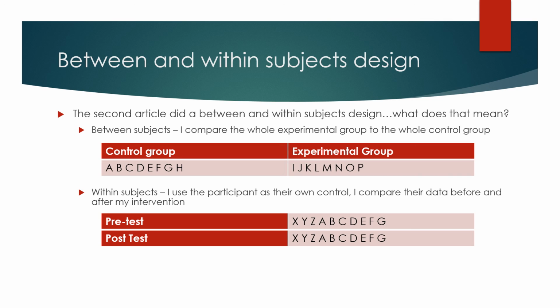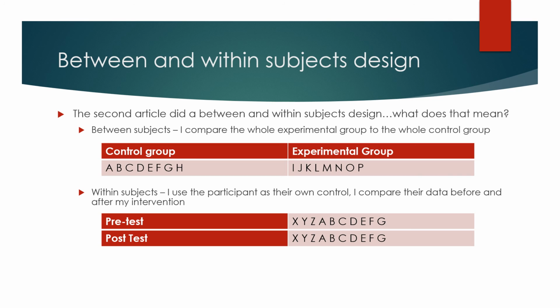Now, there's benefits to both of these studies. The control group, the between subjects design, gives you a dedicated control group. It could be a constraint on your experiment that you just don't have time to be doing a pre-test, post-test design, and so you can do a control group and an experimental group, get their performance at the end of an exam, and there you go.